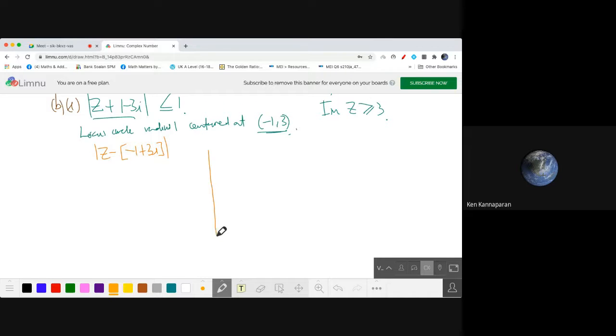So the circle is somewhat like that. So that's negative 1, negative 2, negative 3, positive 1, positive 2, positive 3, positive 4. Okay, this one.